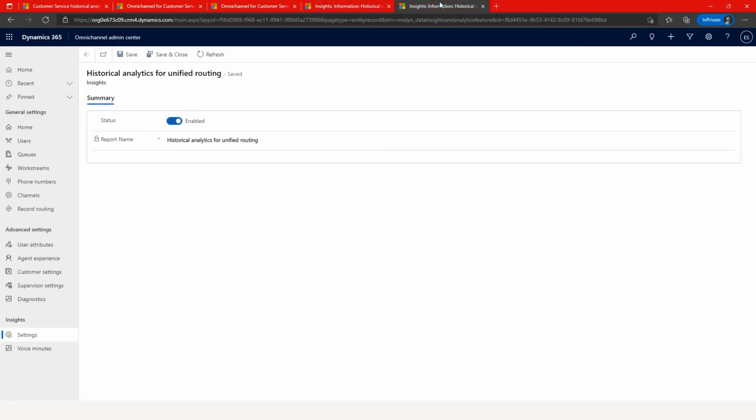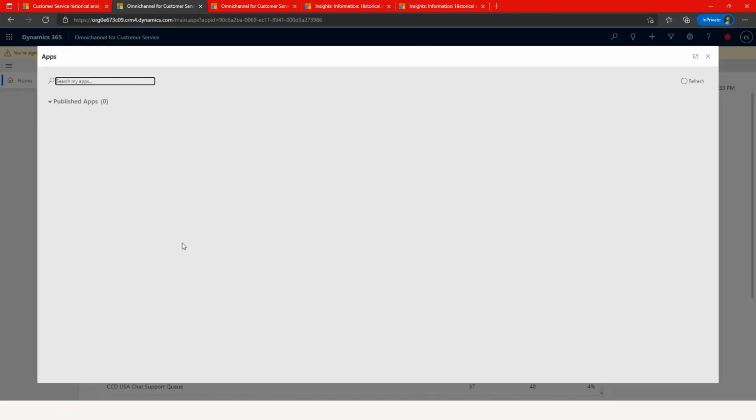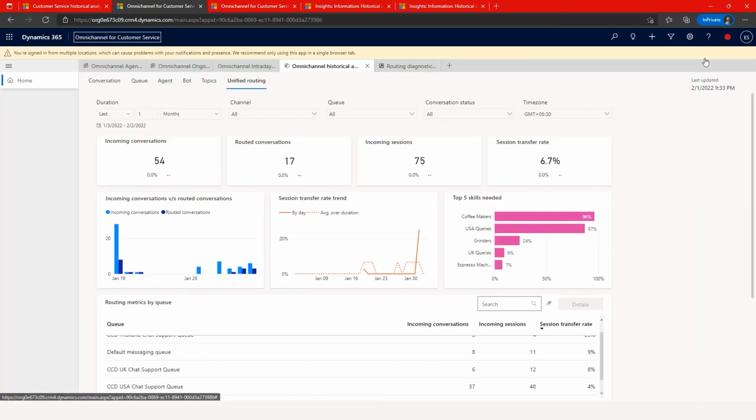And once reports are enabled for Omni-channel, like I mentioned earlier, you just need to log into Omni-channel for customer service. In this drop down, you will find there is a report called Omni-channel historical analytics. Within that, this report is hosted. This report can also be accessed in CSW application following the same flow.